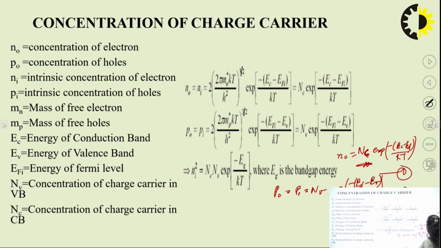So these two relationships give you the concentration of the electrons in a particular state, and the concentration of holes in a particular state.